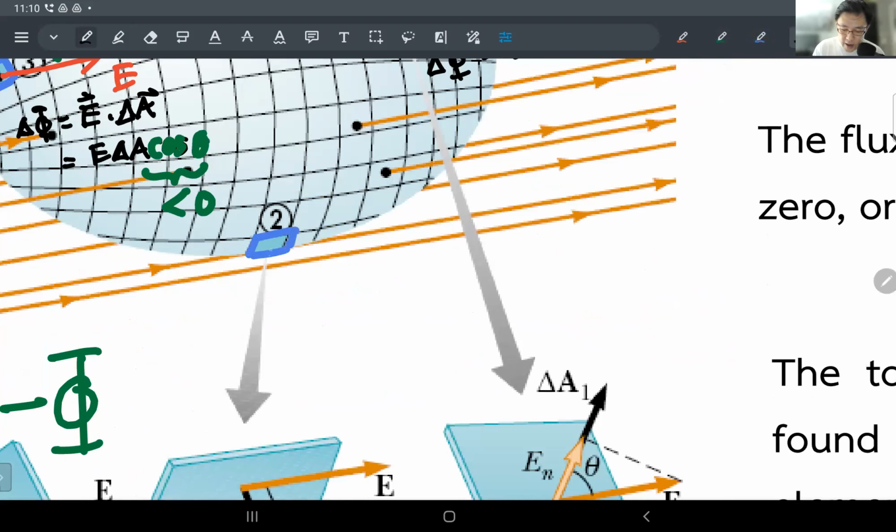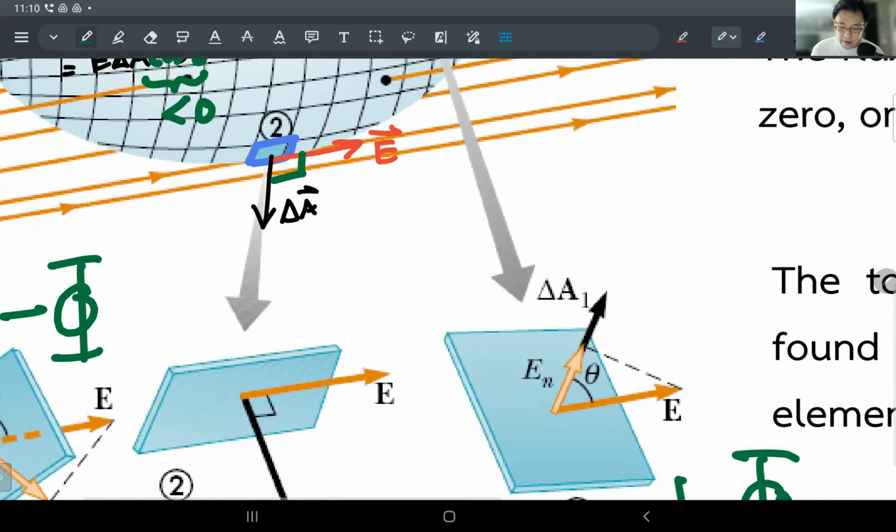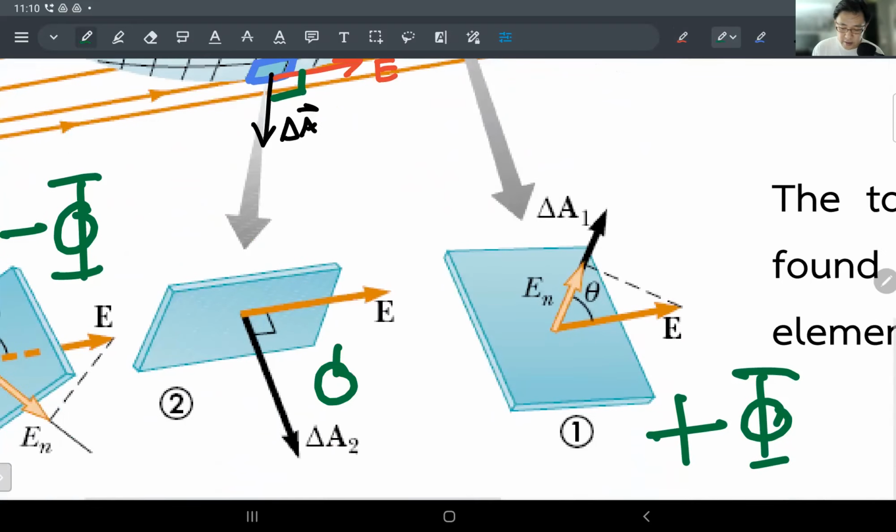And that is the case where the area vector over there is at a perfect 90 degrees with the electric field at that point. And we already agree with this one: when the E and the A are perpendicular to each other, that means the area doesn't get penetrated by the electric field. So in this case, because the angle between them is 90 degrees, the flux here is going to be zero.